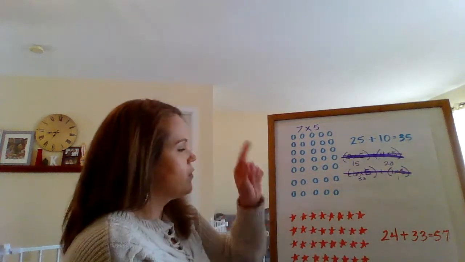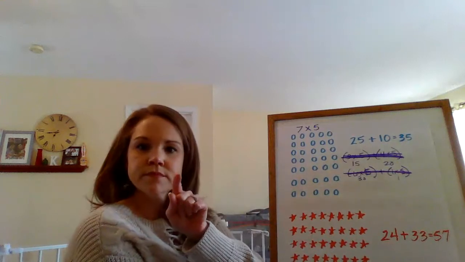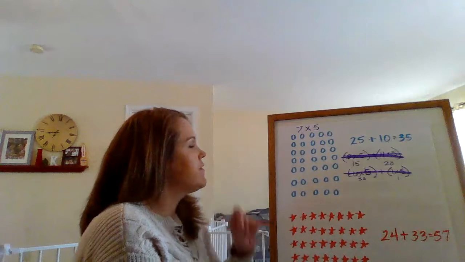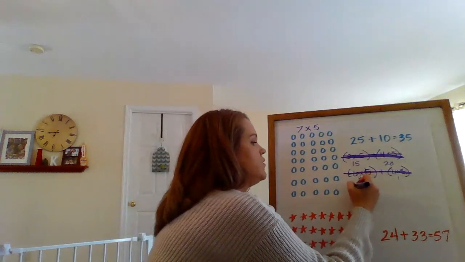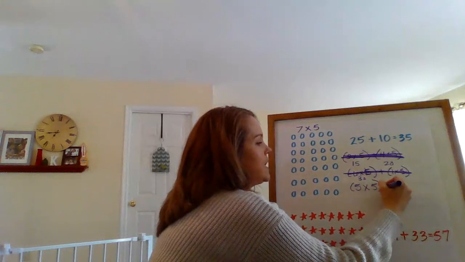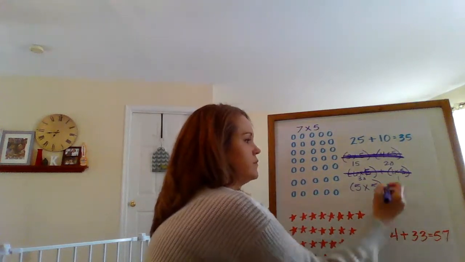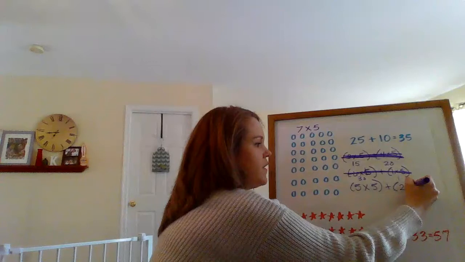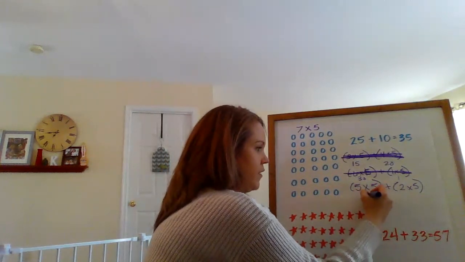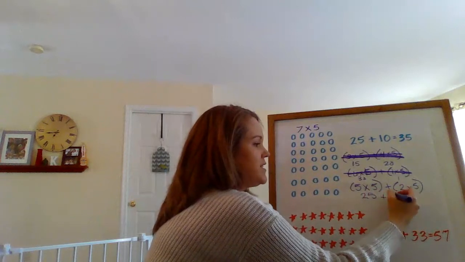What else? I did 3 and 4, 6 and 1, 5 and 2. Let's see if that works. If I do 5 times 5 plus 2 times 5, does that work? 5 times 5 is 25. 2 times 5 is 10.